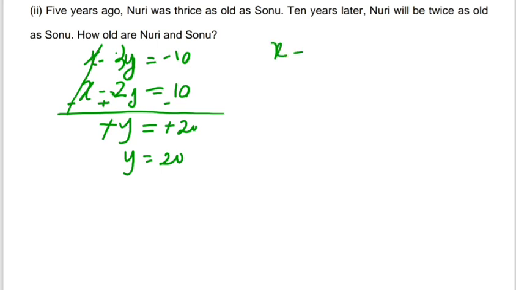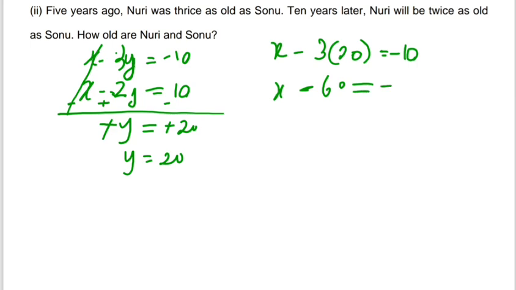So x minus 3 into 20 is equal to minus 10. So x minus 60 is equal to minus 10.